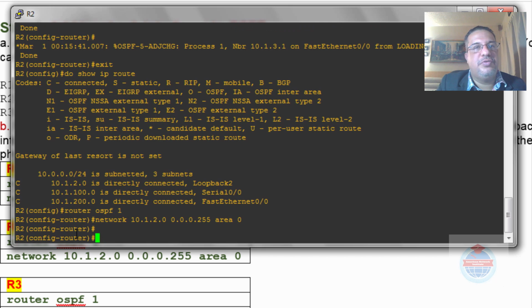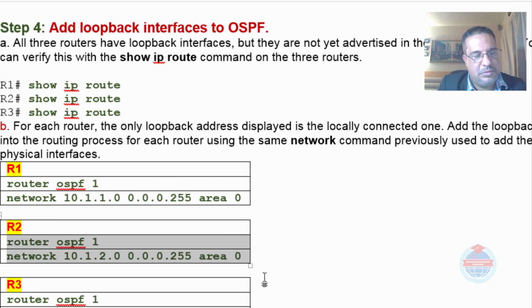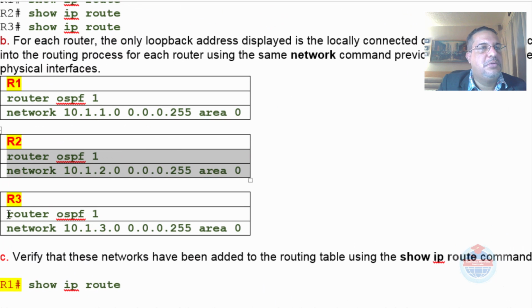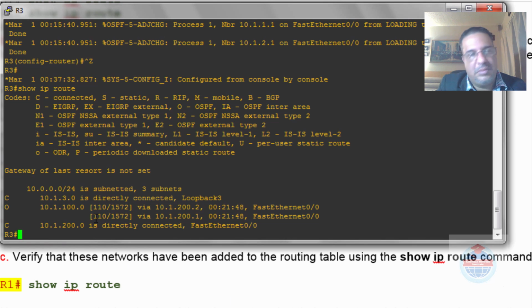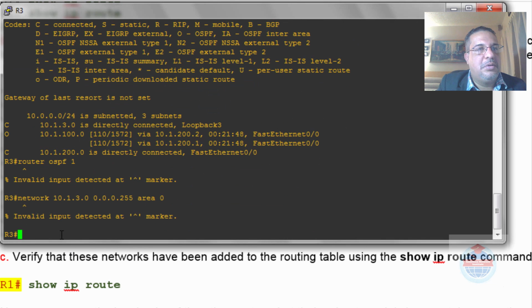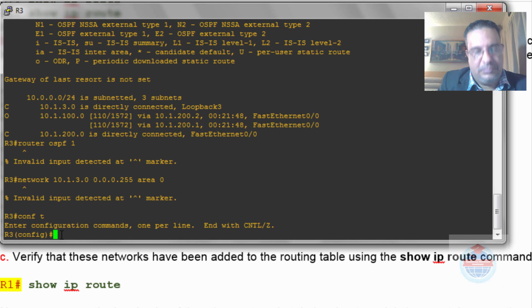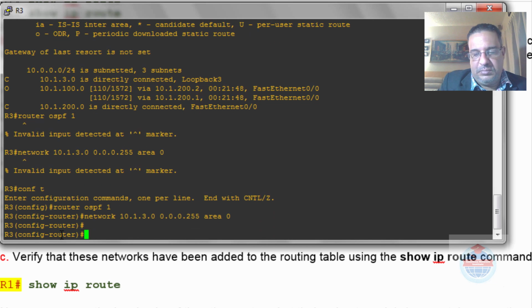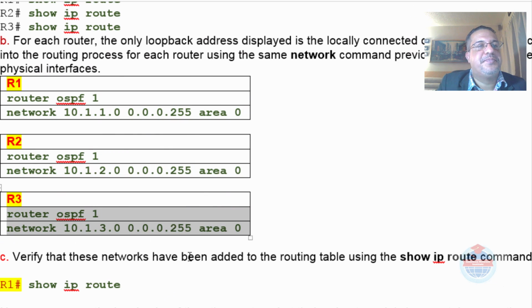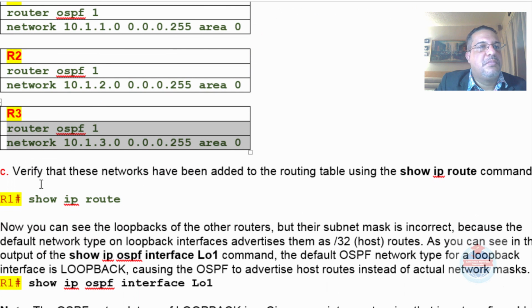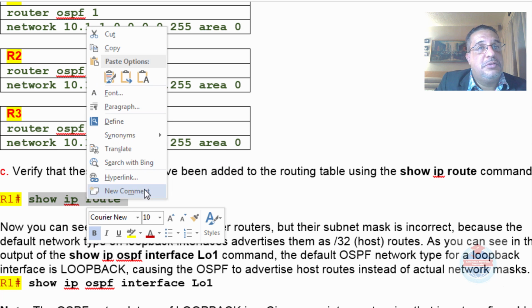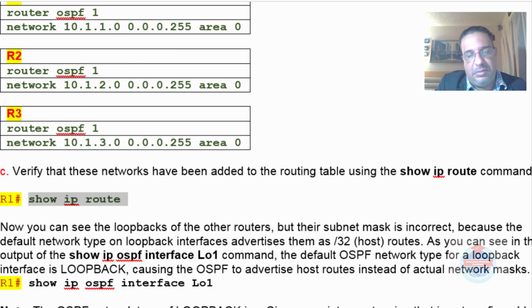This is R2. And this is R3. Verify that this network has been added. Okay, I can do that. So let's start jumping right away.